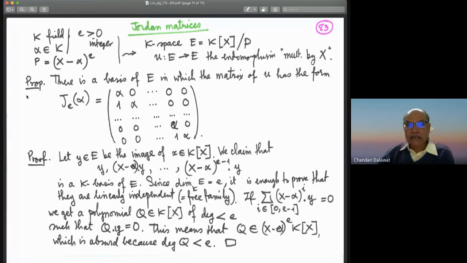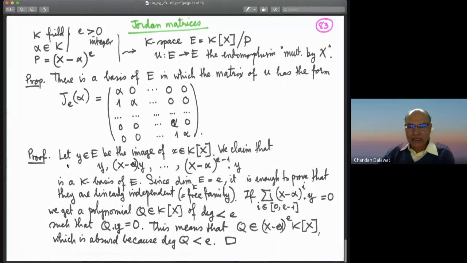And the claim is that there is a basis of the K space E in which the matrix of the endomorphism U has this shape. It has alphas along the diagonal, alpha being the same alpha which is used to define this P, and ones just below the diagonal. Okay, so he says let Y be the image of X. That's obviously incorrect.